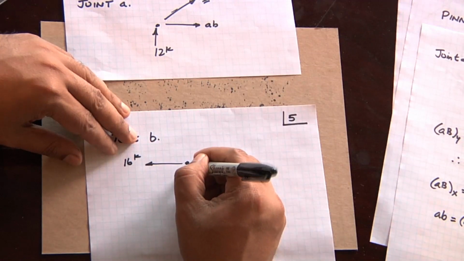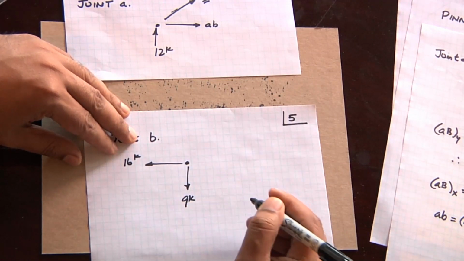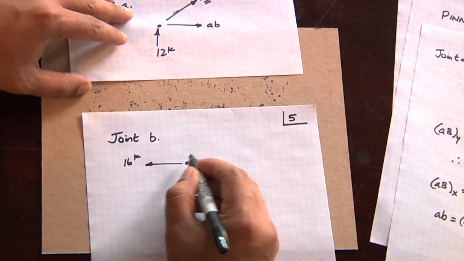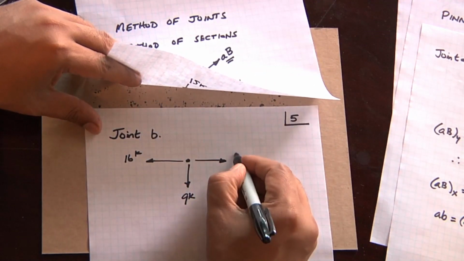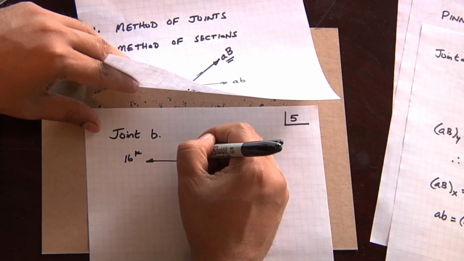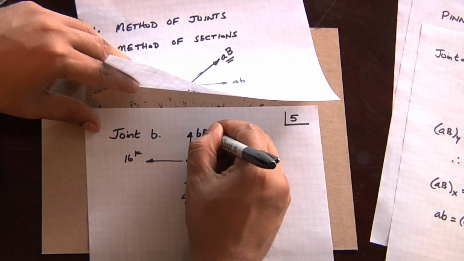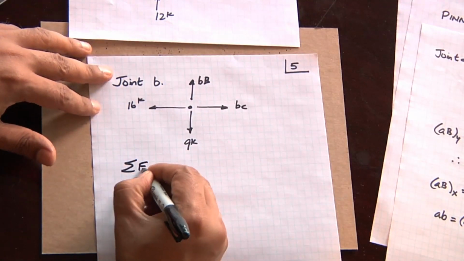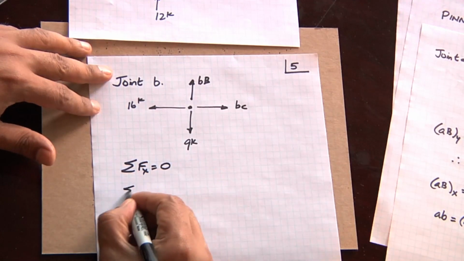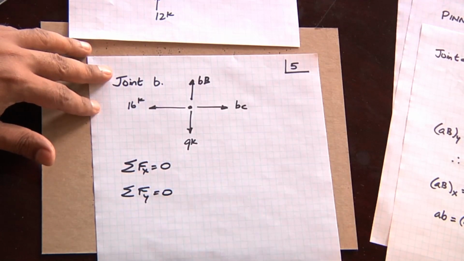We know that we have a vertical load of 9 kips, and we will be able to tell automatically that the load BC has to be going to the right, and we know that lowercase bb has to be going up. How do we know that? Because the sum of the forces in the X direction has to be 0, and the sum of the forces in the Y direction has to be 0.